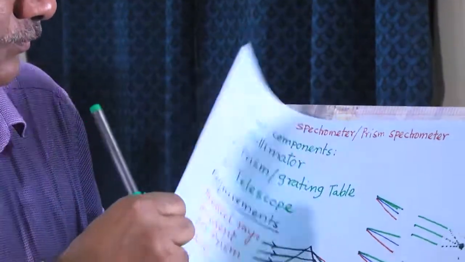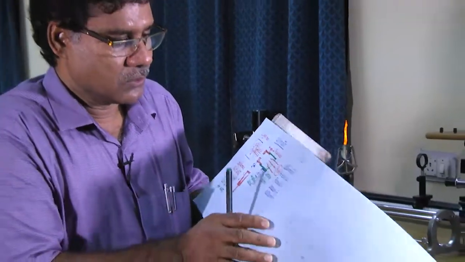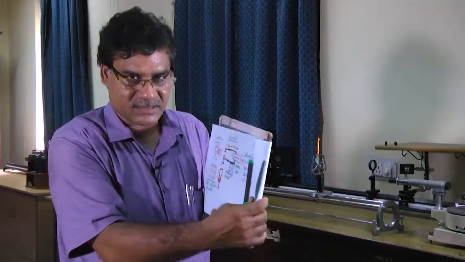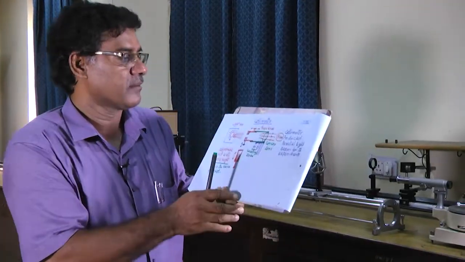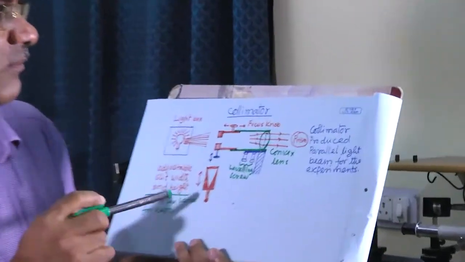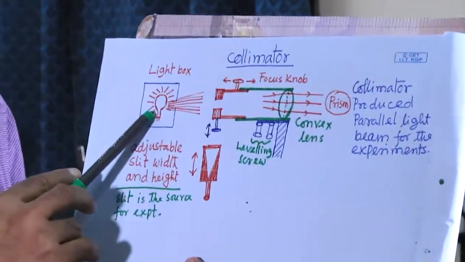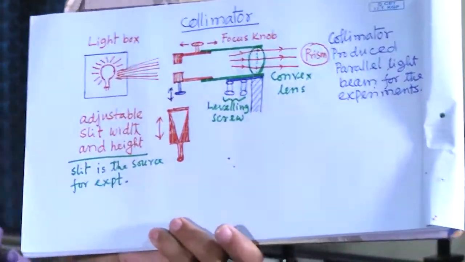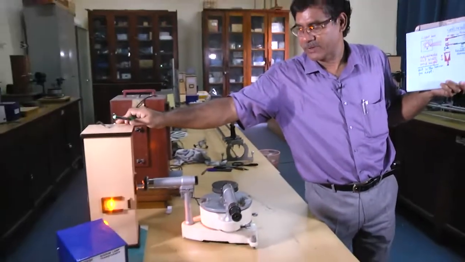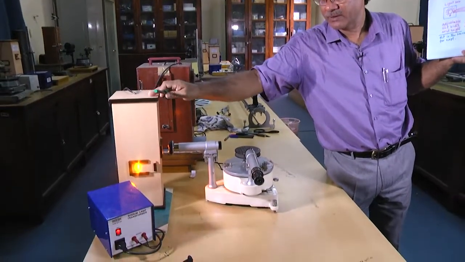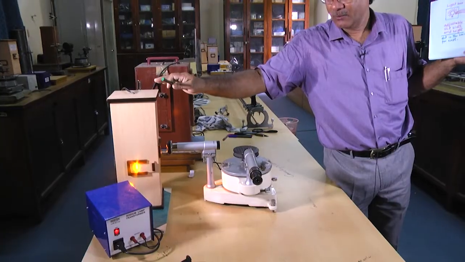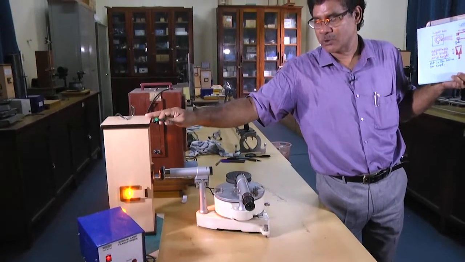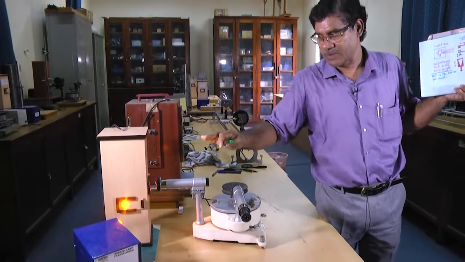Now, in the collimator, how do we get the parallel rays for the prism? We have a light source, basically a light box. Generally we do not call this the source for the experiment.